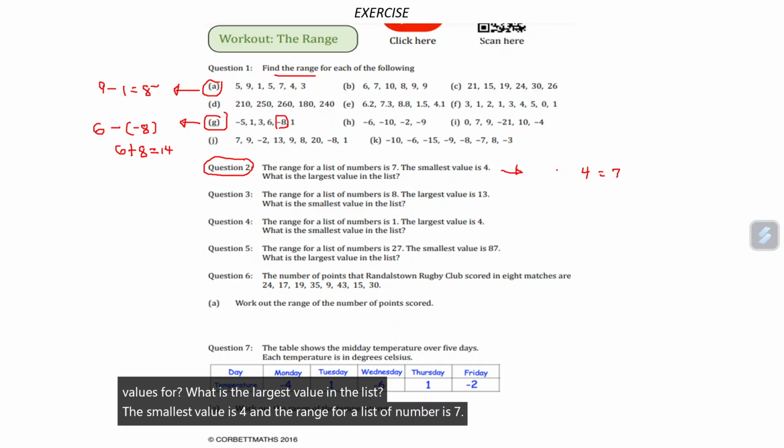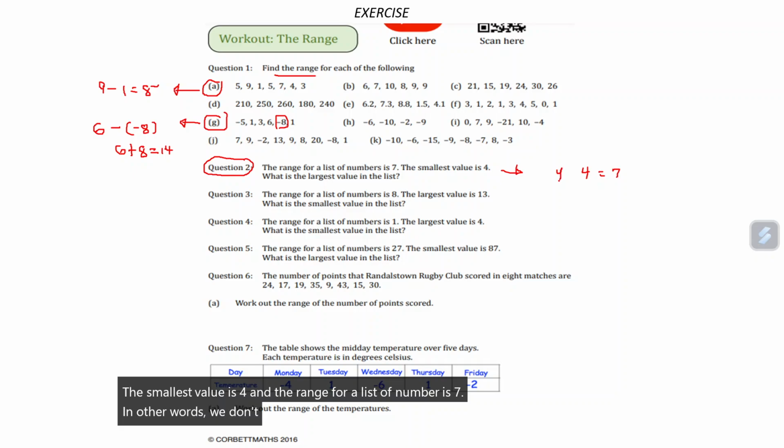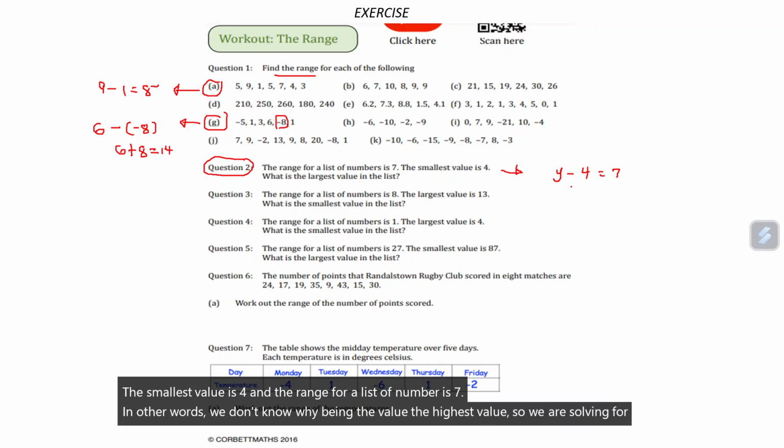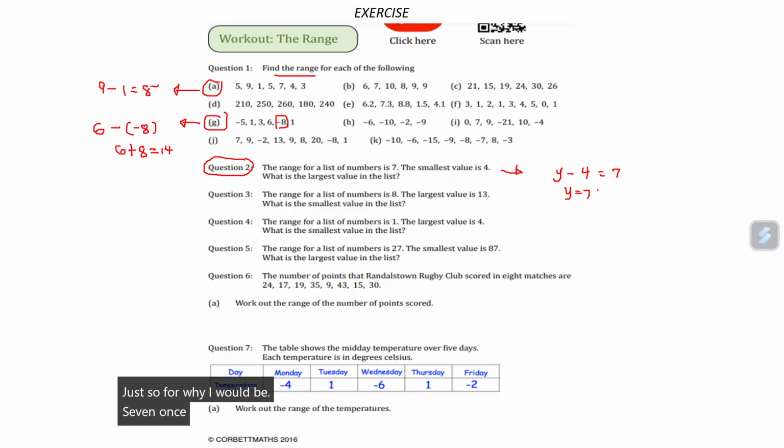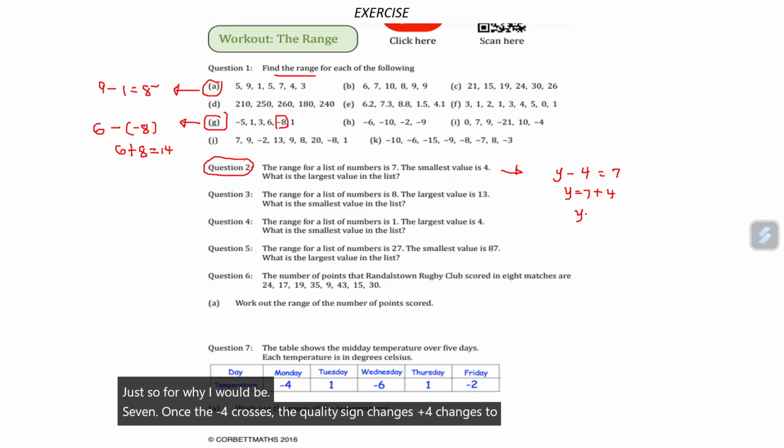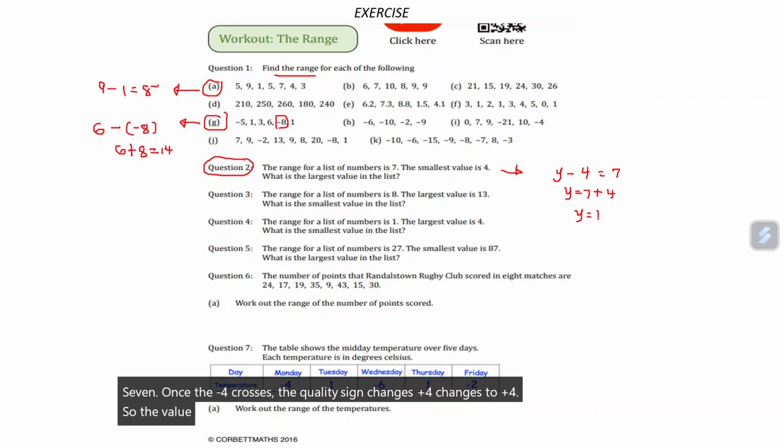In other words, we don't know y being the highest value. So we are solving for y. To solve for y, that will be y minus 4 equals 7. Once the negative 4 crosses the equality sign, it changes to positive 4. So the value for our y is 11.